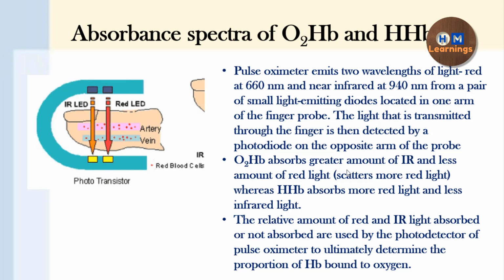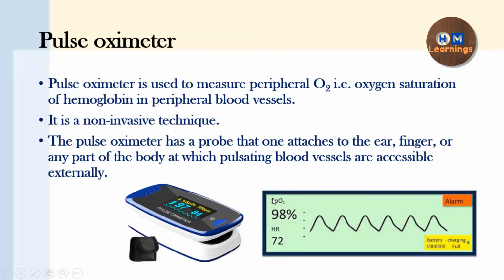Let's say a person has 98% SpO2. What does it mean? It means that if a person has 100% hemoglobin, then out of that 100% of hemoglobin, 98% is saturated with oxygen. That is the meaning of SpO2.